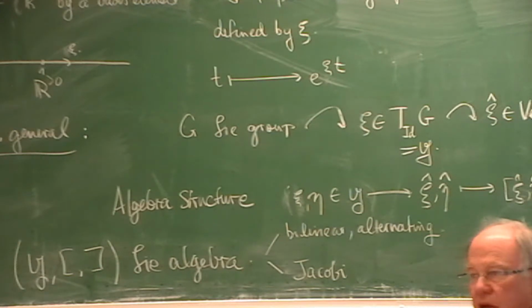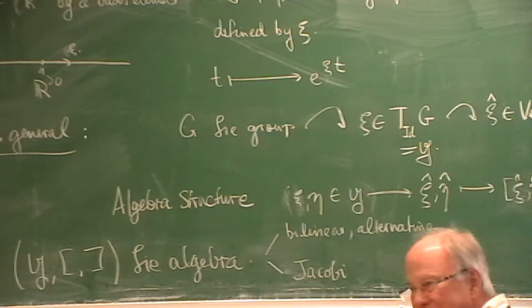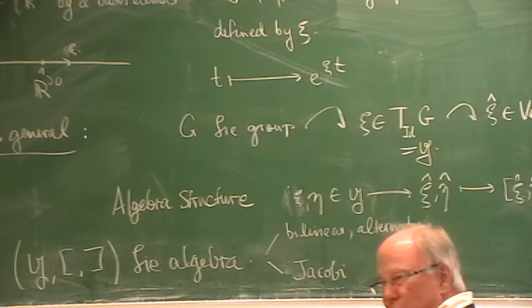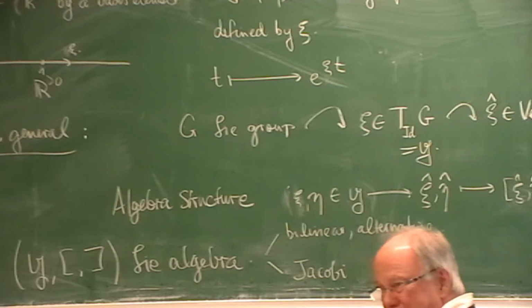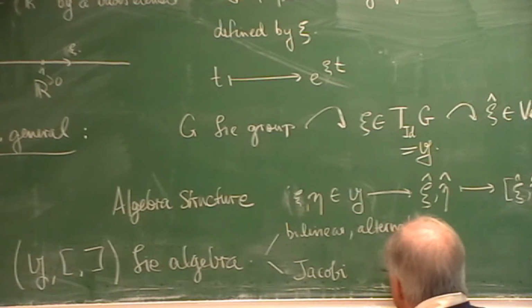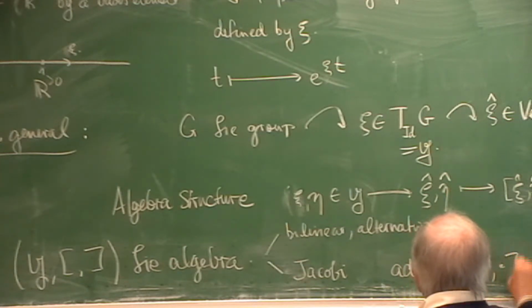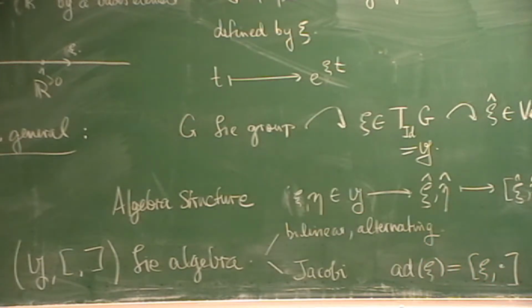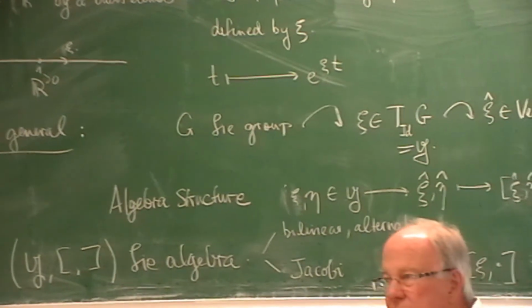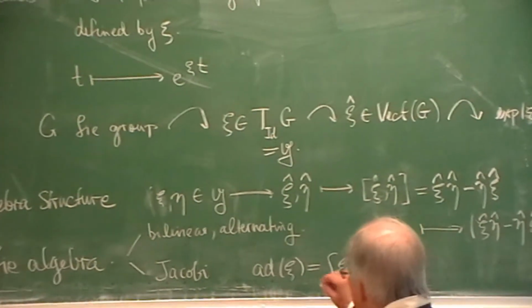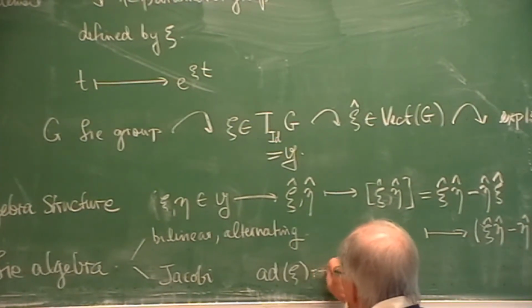And you should never write it down the way people write it down. You should write it down the way I tell you to write it down. It says that ad Xi, which is defined as this mapping, Xi point. There's a big fancy word used, called the adjoint representation of the Lie algebra. It doesn't matter. I'm just defining what this thing is.